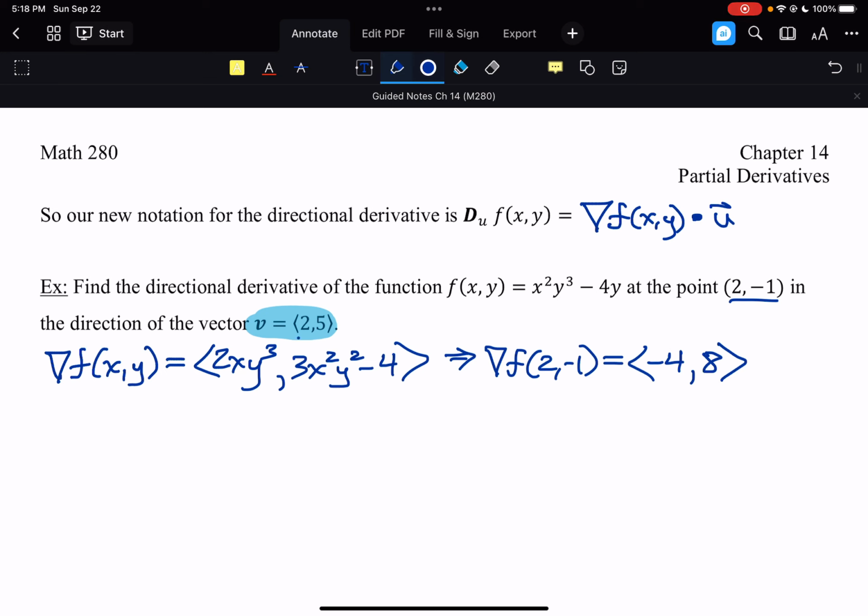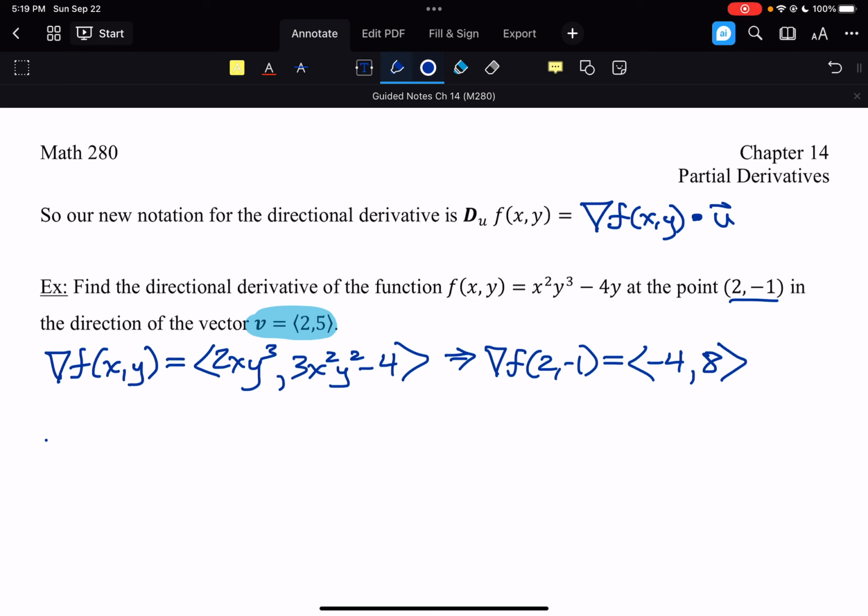If this is not a unit vector, its length is going to scale up the value of the derivative, or down if it's less than a length of 1. So if this had a length of 10, then our derivative would be 10 times higher than it should be at that point. And so we need this to be a unit vector so that we're just essentially multiplying by a length of 1, and it doesn't scale up or down the slope or the derivative.